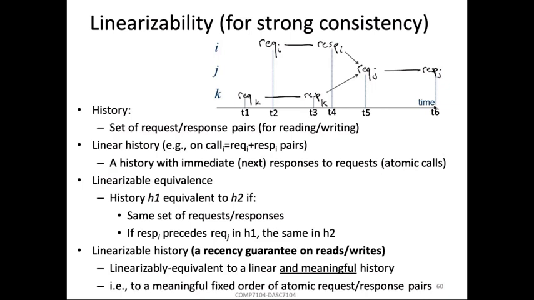So we cannot say if this history is linearizable, because we cannot say if it's a meaningful history. And once again, when operations are just about reading or writing a record X, meaningful means that any read operation coming after, with respect to time, a write operation should see the value of that write, not some older value.